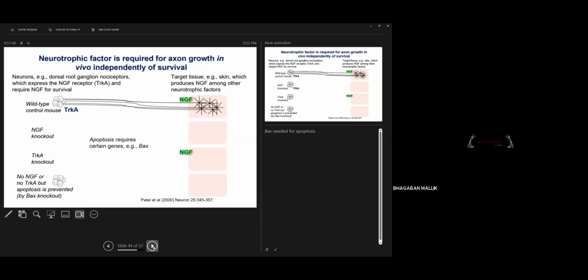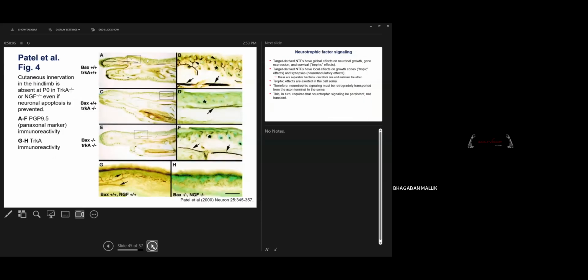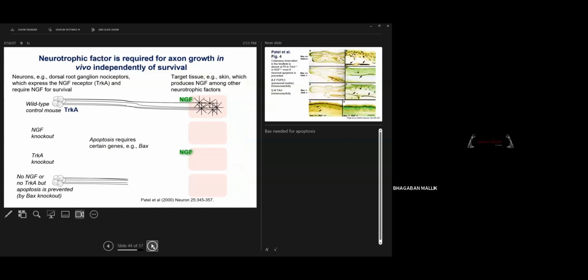So in this situation, you might be thinking there is apoptosis, and that's why you do not have the neuronal growth. But what happens when you knock out NGF, or the receptor TRKA, along with BAX, which is also an apoptosis gene? In this case, you also do not see the neuronal growth.